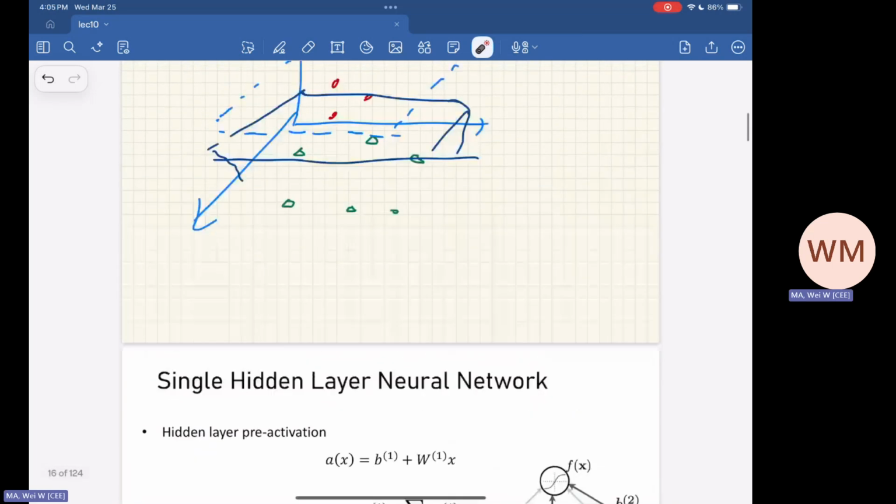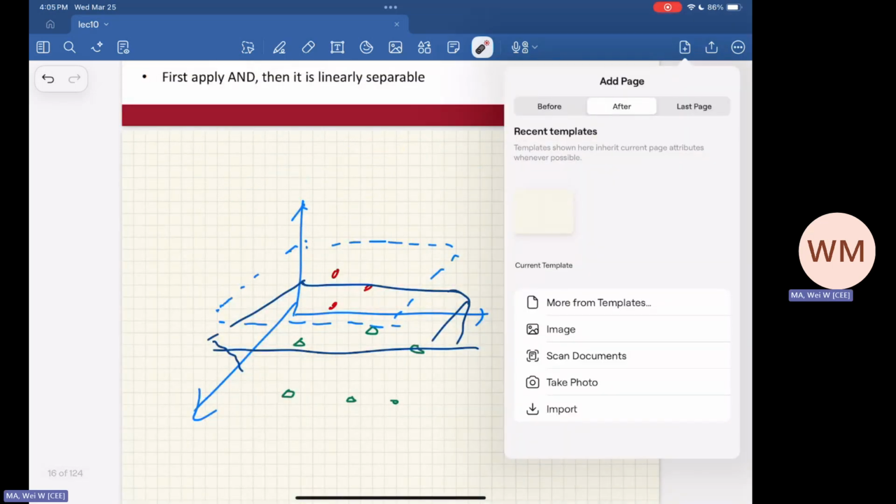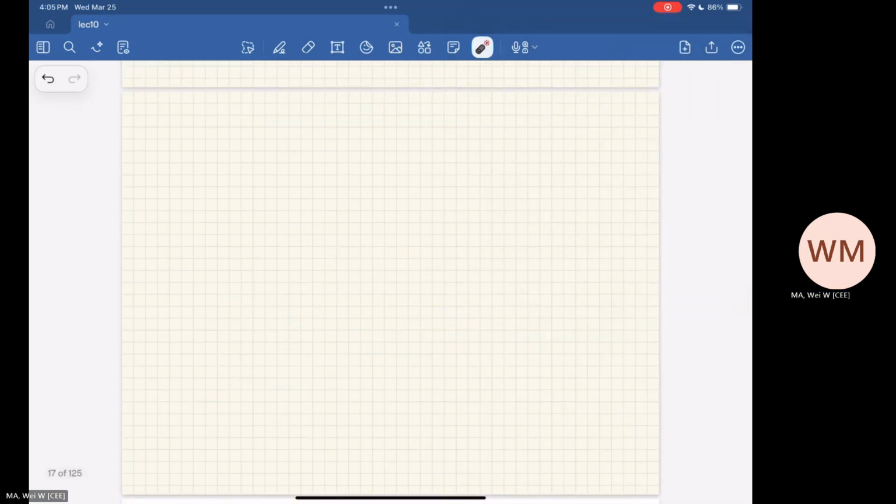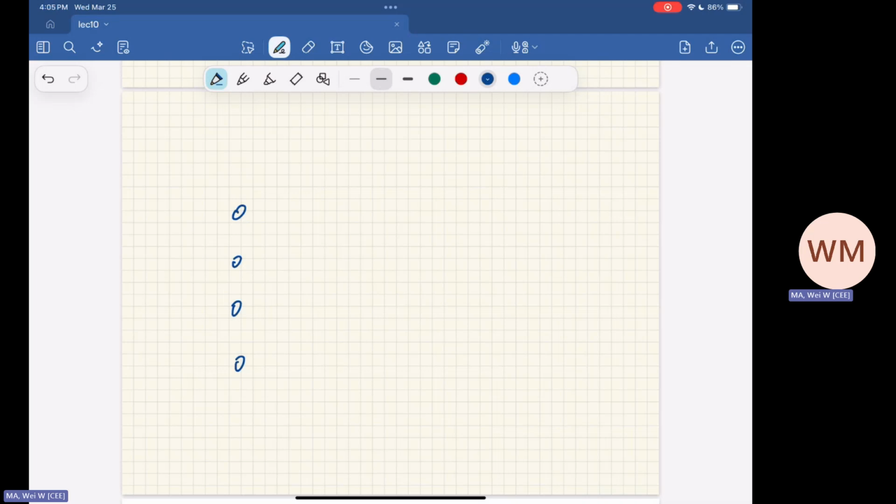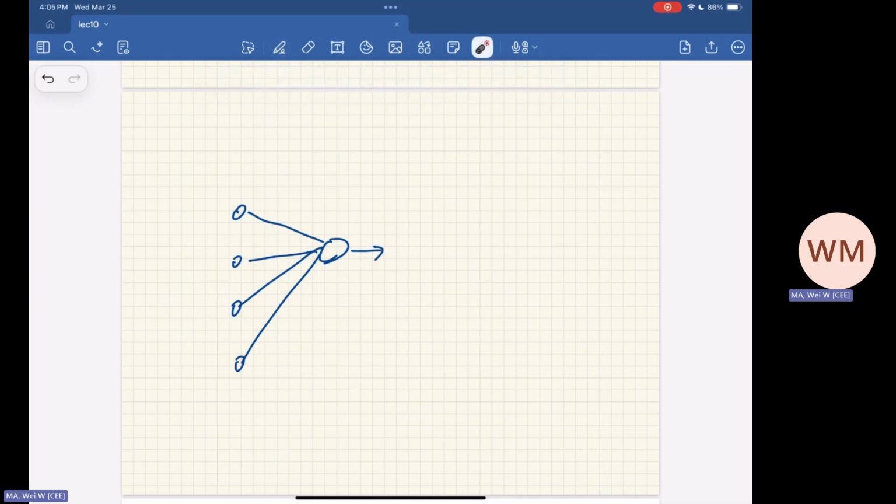Okay, so why we're talking about this is because here you have the original data. So for example, I want to do a classification. So here, you have a neuron and you have an output. Here I'm saying that this output is not separable.